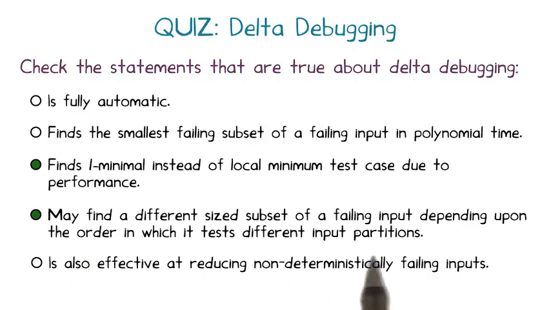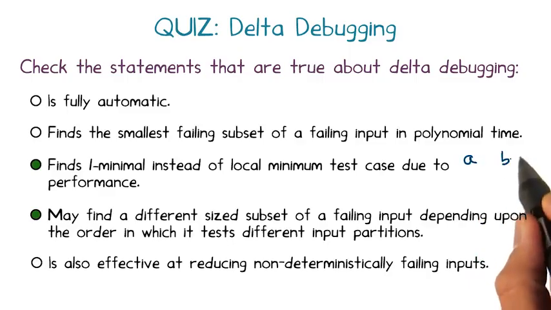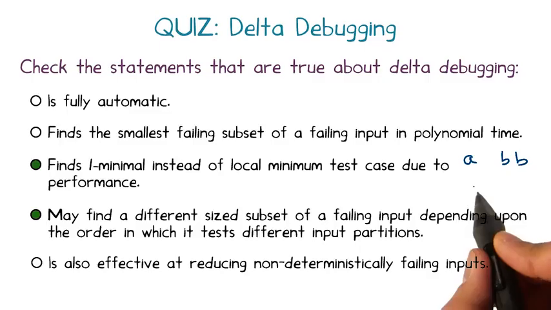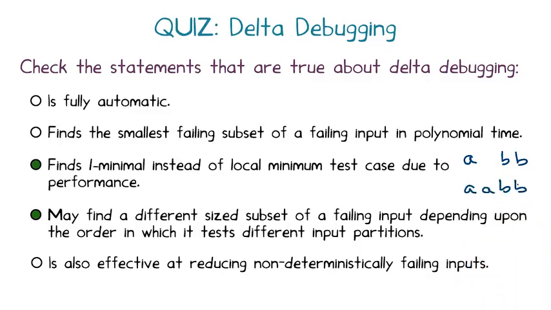Delta debugging may find a different sized subset of a failing input depending on the order in which it tests different input partitions. This statement is also true, and here's a simple example to illustrate why. Consider a program that fails if its input contains either A or BB. The input AABB therefore crashes.